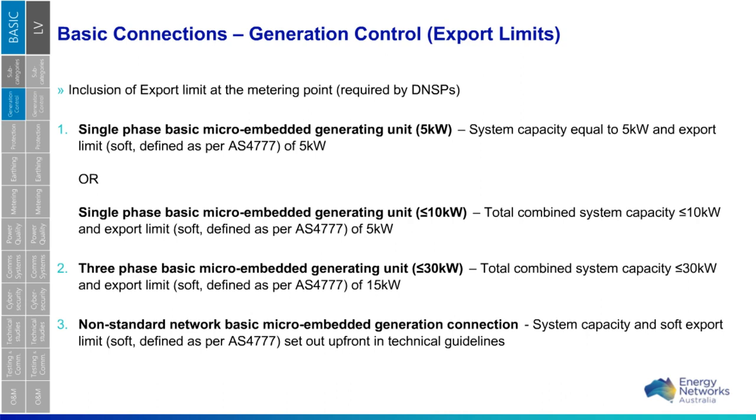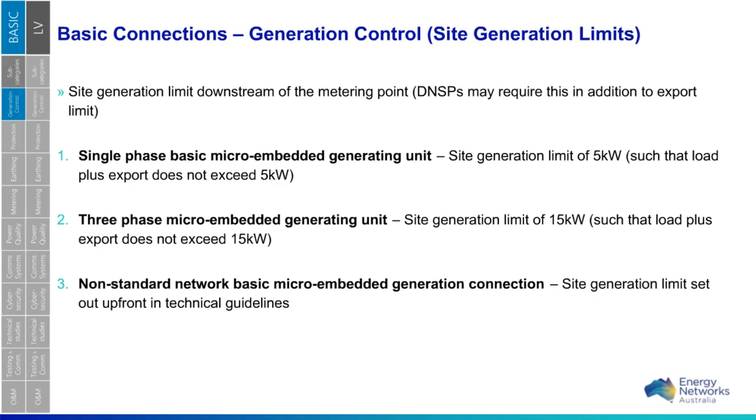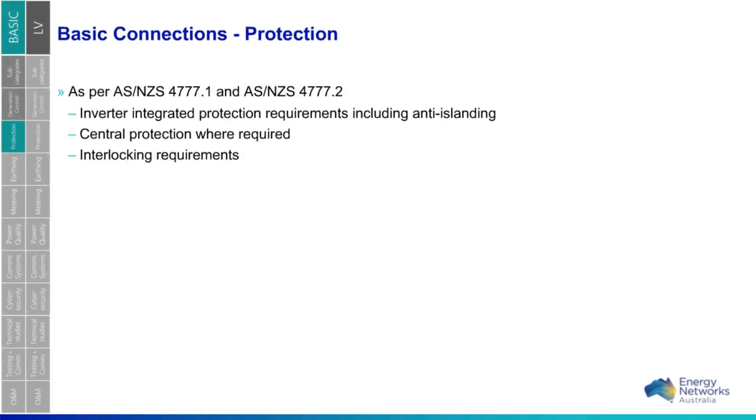A better way to describe the export limits is 5 kilowatts per phase, except for non-standard connections, where the DNSP would be required to set it out up front in the guidelines. Similarly, site generation limits would also be around 5 kilowatts per phase, with the exception of non-standard connections, which would be set out upfront in the guidelines.